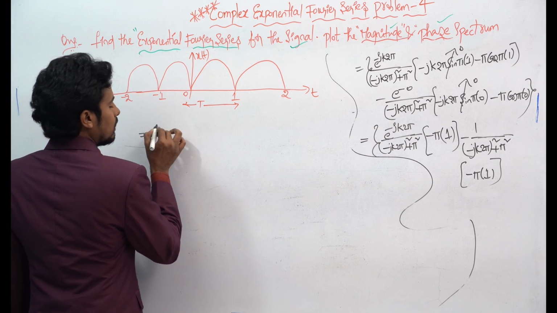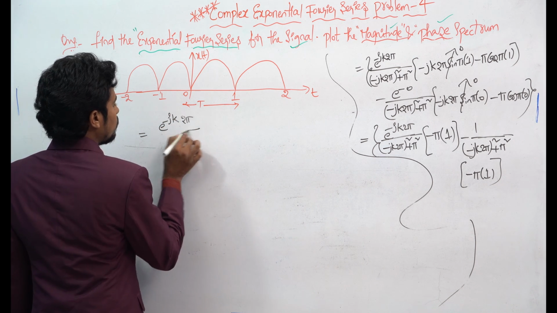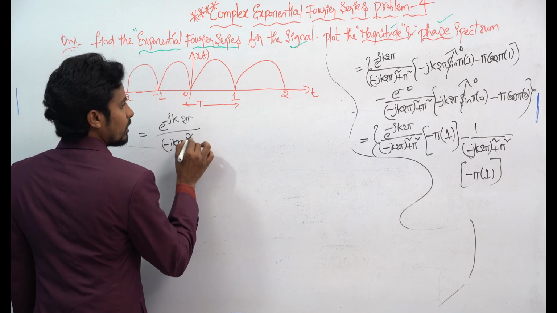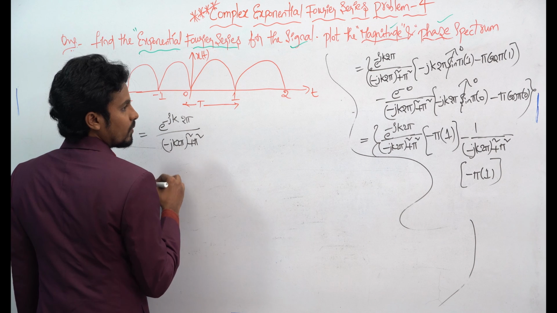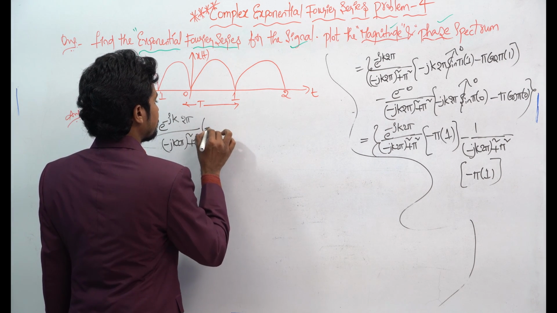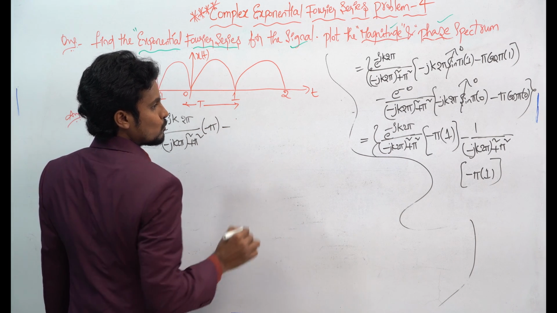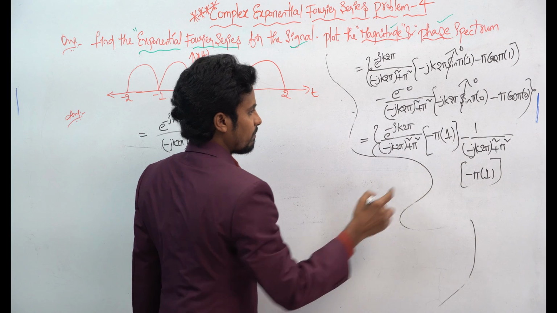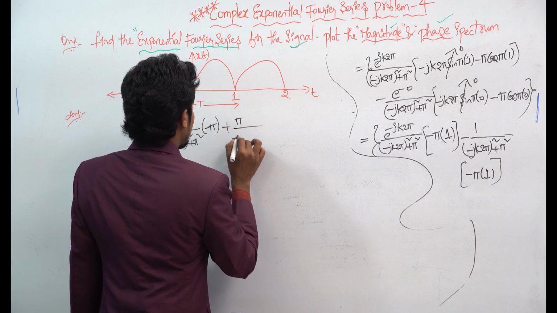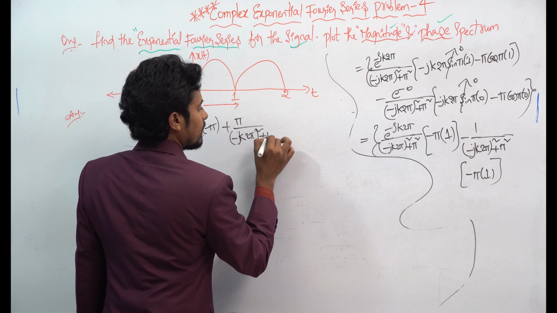So this will be e power minus jk into 2 pi divided by (minus jk into 2 pi) whole square plus pi square. So this will be the minus pi into minus, that will become plus pi divided by (minus jk 2 pi) whole square plus pi square.